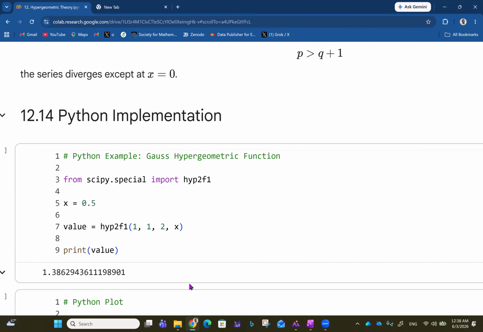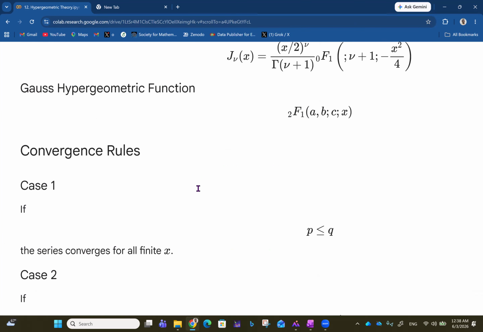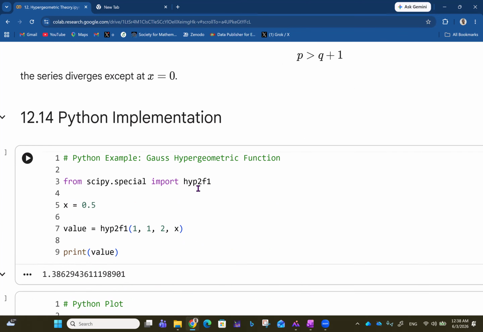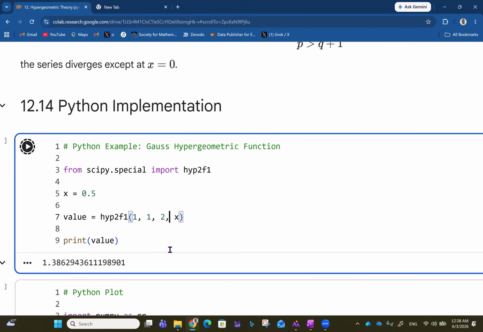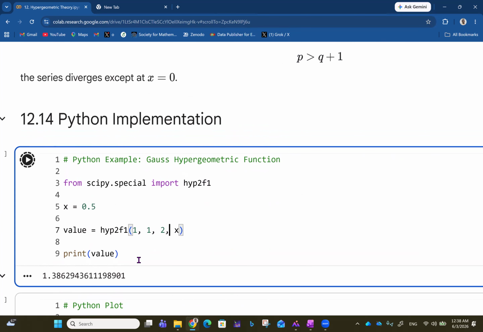Then we can have some Python implementations. For the Gauss hypergeometric function, from scipy.special we'll import hyp2f1. We can implement that here and compute it straight by putting in whatever values we need. I remember the other time we computed this for 0.5, 0.5, 1.5.